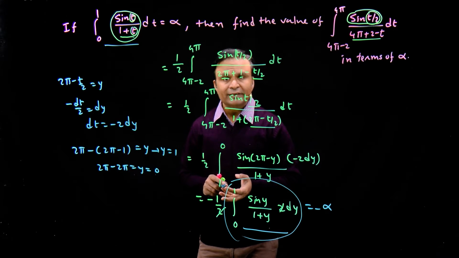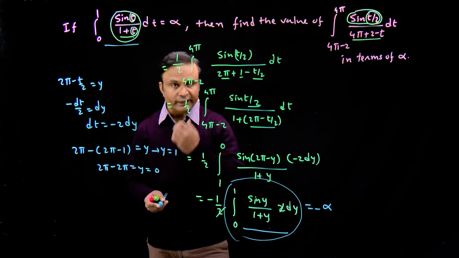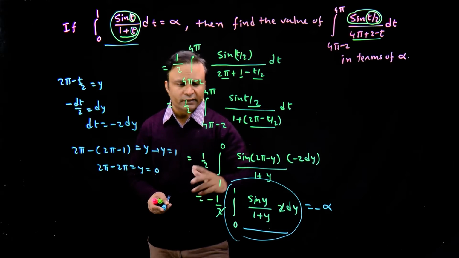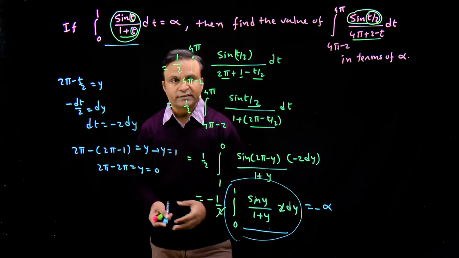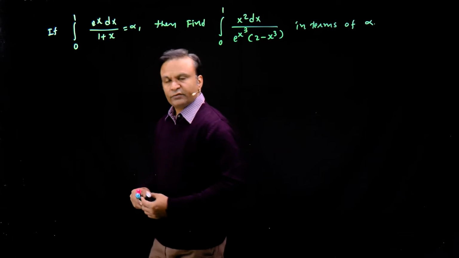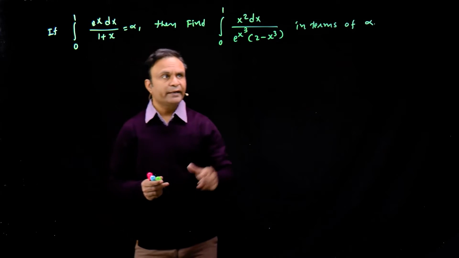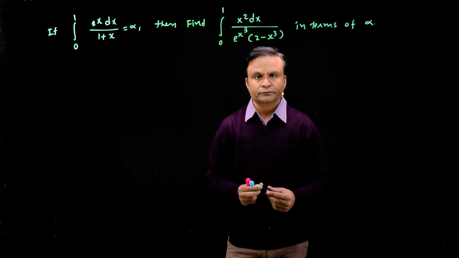The use of smart substitution and properties of definite integration, that is a change in limits, and then we have inversion of limits, etc. Okay, the question is: if the value of this integral is alpha, then find the value of this integral in terms of alpha.